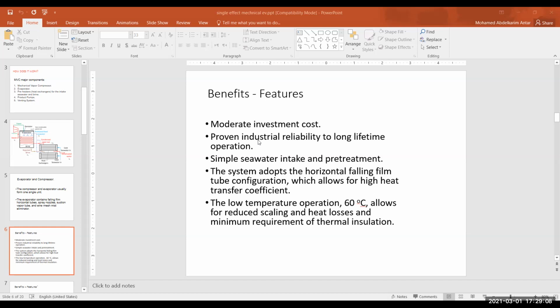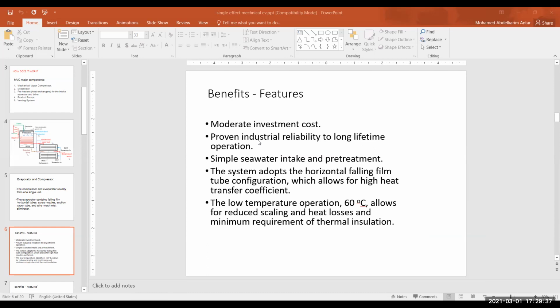Again, we'll have the same limitation of single effect or even multi-effect evaporation, that the top brine temperature, or the highest temperature of the seawater which is sprayed, should not exceed a value of 60 to 65 degrees centigrade to reduce the effect of scaling on the outer surface of tubes. We said for other desalination systems where heating can occur while seawater is inside the tubes, you can clean it by what we call ball cleaning.